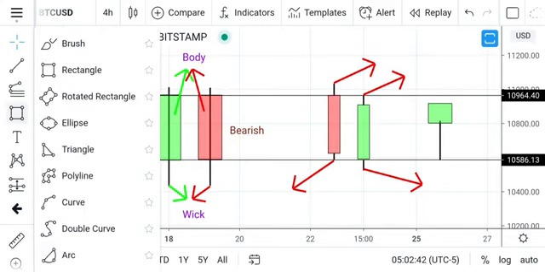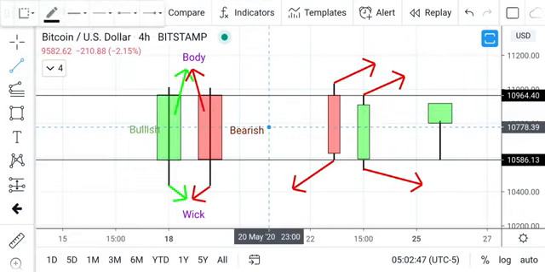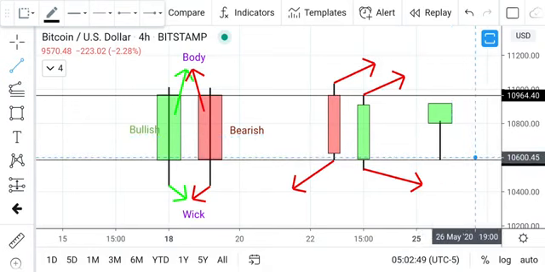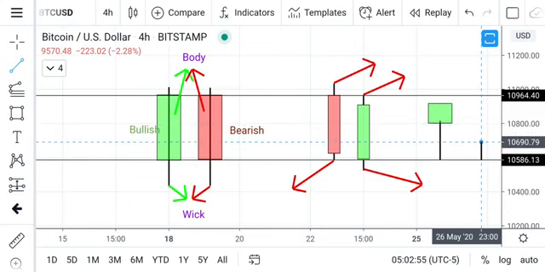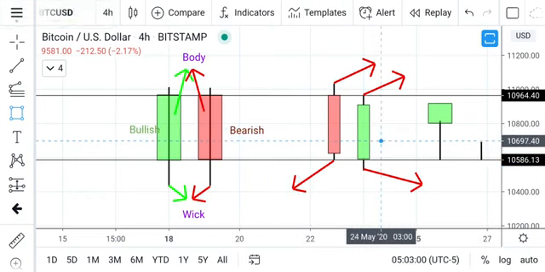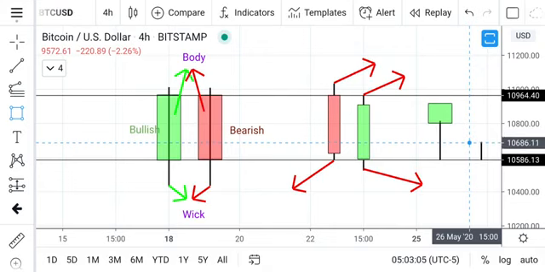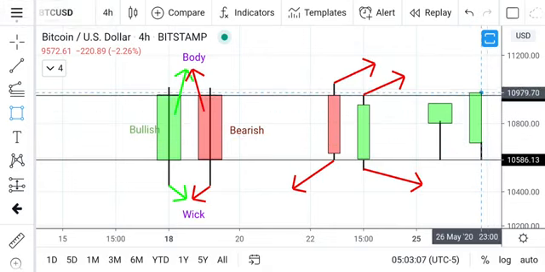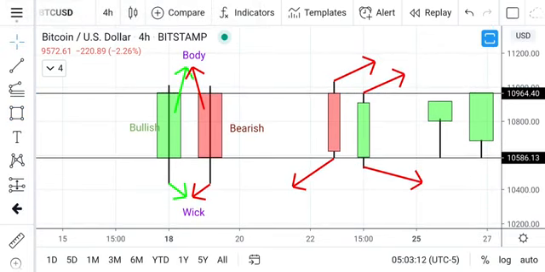When the body is larger than the wick, let's say you have a short wick and a bigger body, then you say that the momentum of the candle is still very strong. So that is it about bullish and bearish candles.